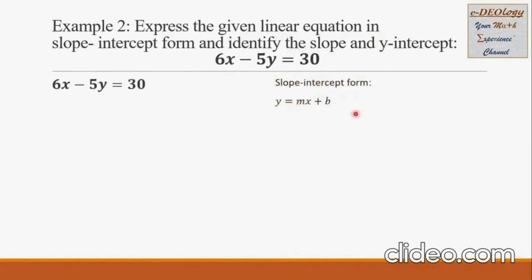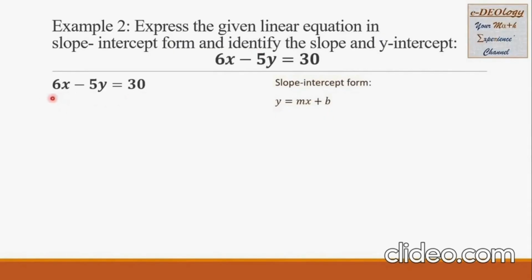Our slope-intercept form is here. It gives us an idea that the y must be alone on the left side. It means the variable x and the constant should be on the right. So we have the problem here, 6x minus 5y equals 30.